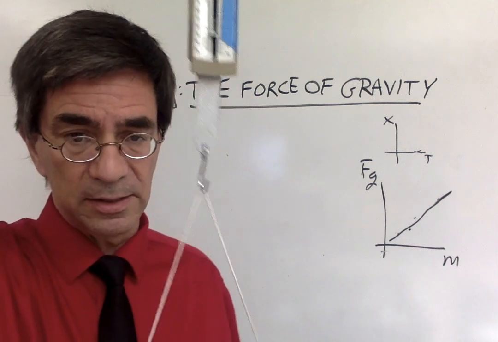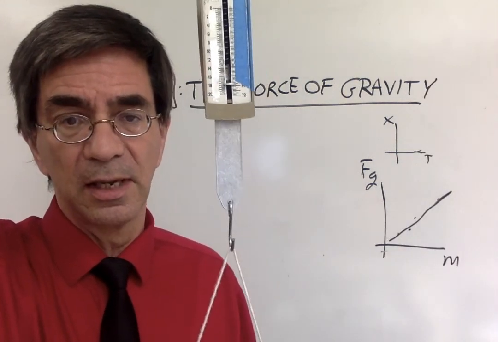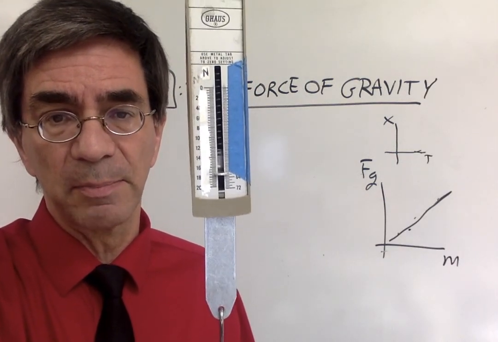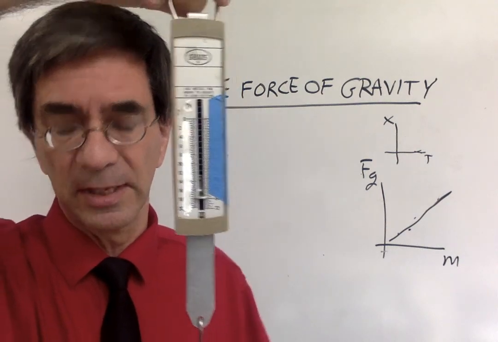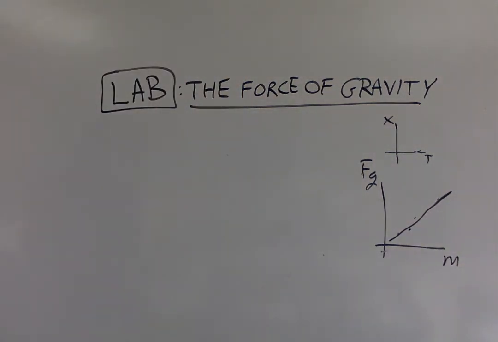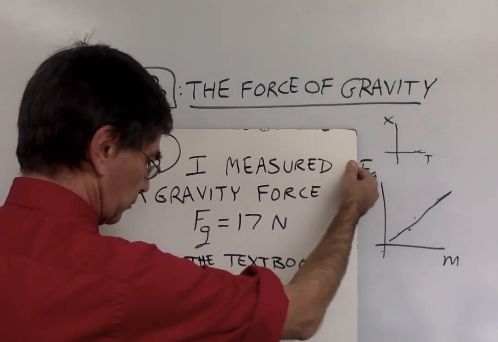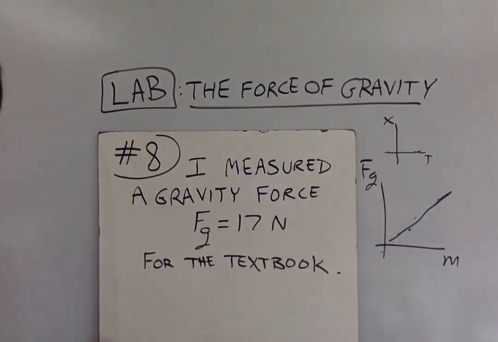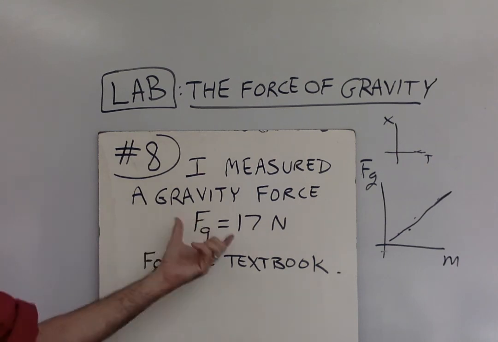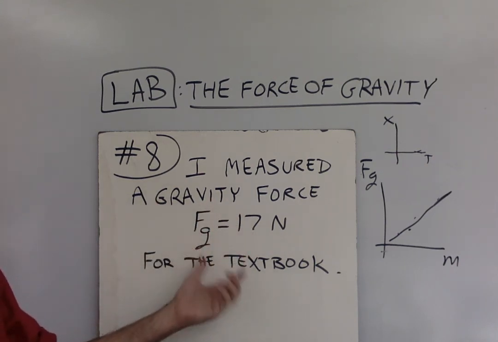So I hang this, your textbook, from the force meter, and I read about 17 newtons. We'll call that 17 for this lab. 17 newtons. So for number 8, your job is to take this result that I got and work backwards and figure out the mass of the textbook.